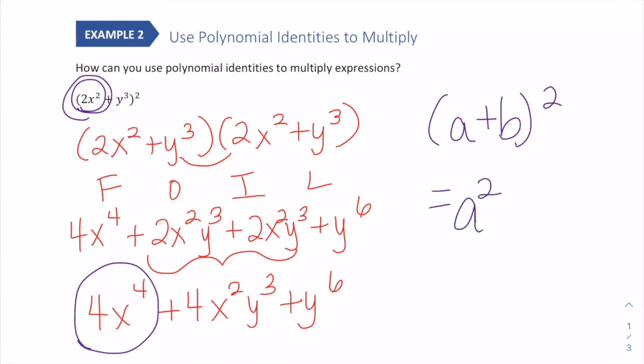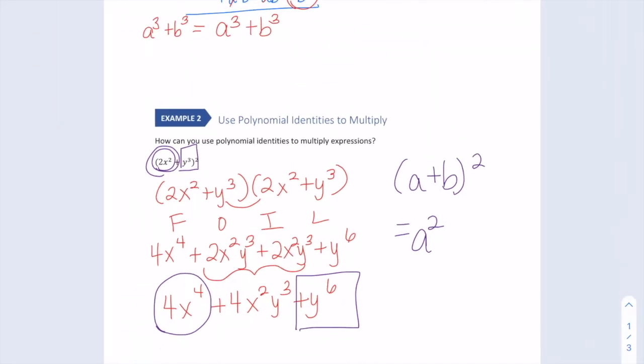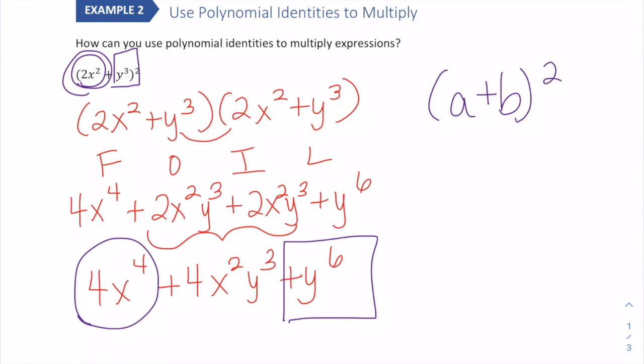So we have 2 squared is 4, and then x squared is x to the fourth. When we look at the last term, y cubed, well, that's also squared. So we have a squared, and then for the last term, we have b squared.